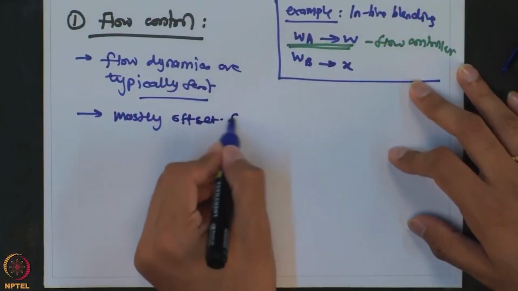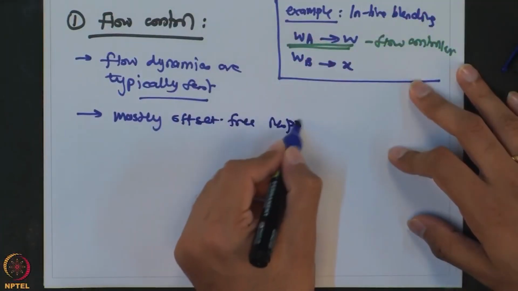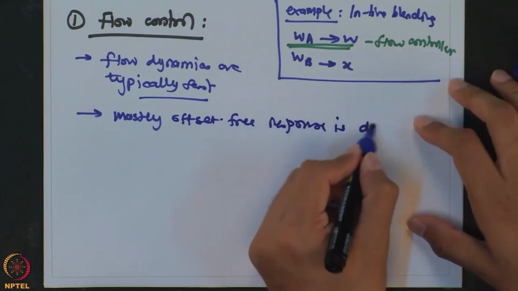If it is a raw material flow, you want a certain flow rate going into the system. If it is a product flow, again you want a certain product to be delivered to the customer. So mostly offset-free response is desirable.